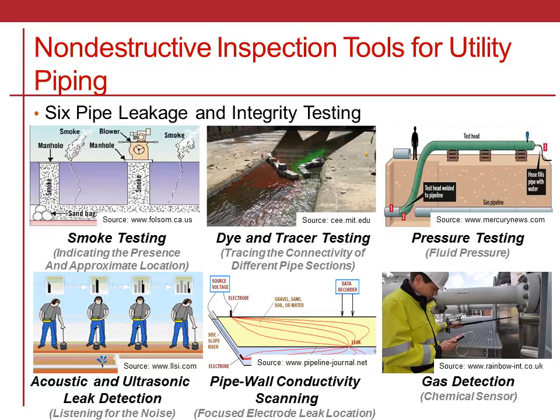As shown in this slide, there is no absolute method for leakage detection. Every method has its advantages and disadvantages. So, consideration of the testing situation should be performed first.